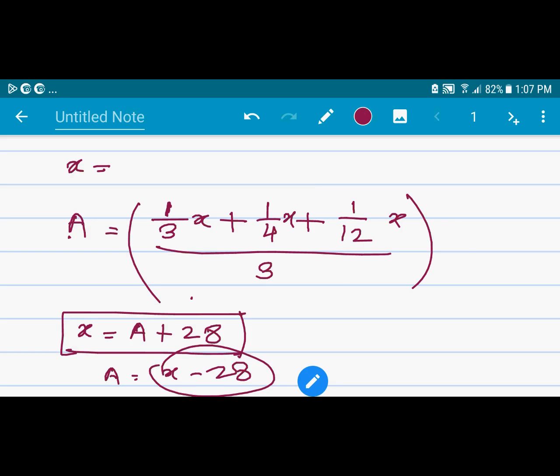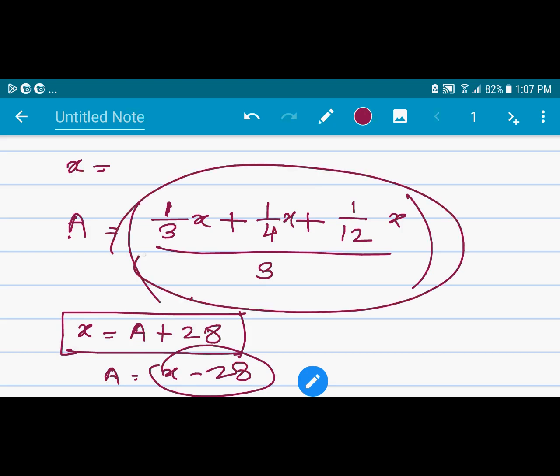Okay, now you have to first find the average. So we found the average by simplifying this expression as 2x upon 9. Now our equation is x is equal to the average, which is 2x upon 9, plus 28.